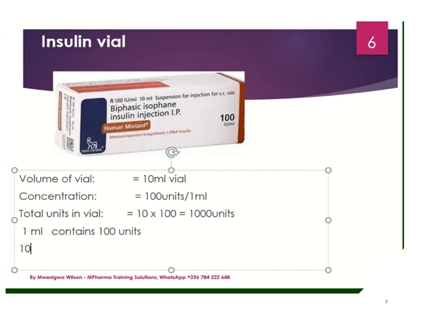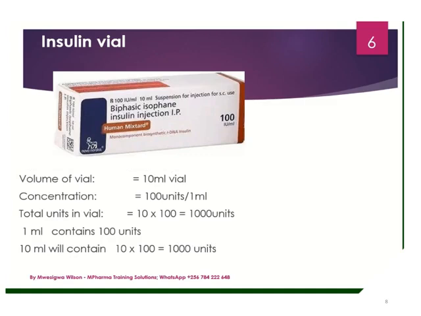What about 10 mils, which is the volume of the vial? 10 mils will contain 10 times 100, giving me 1000 units, which is my answer here.